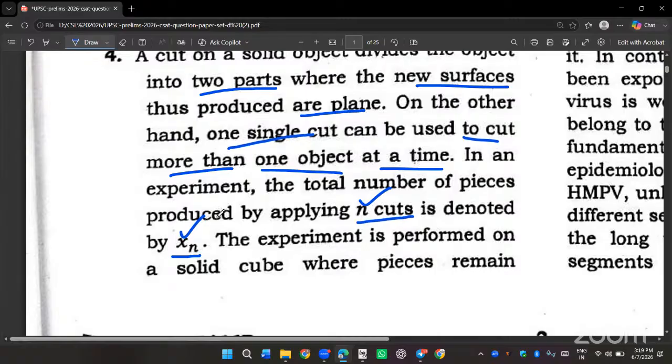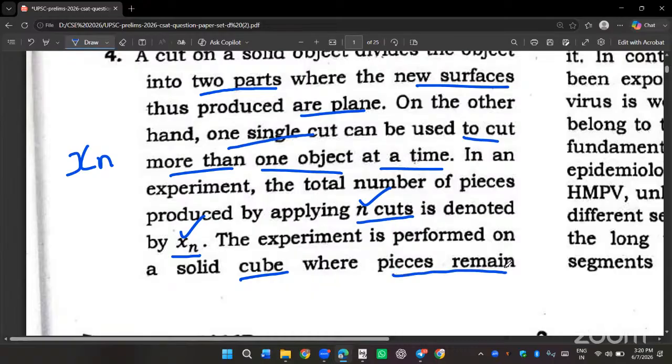Xn pieces will be produced. X number of pieces, n time cuts will be produced. Then the experiment is performed on a solid cube. So here only, at the end of the question, they have given the clue: what object we are going to cut. Whether it is a cube, cuboid, sphere. So it is a cube only, solid cube.